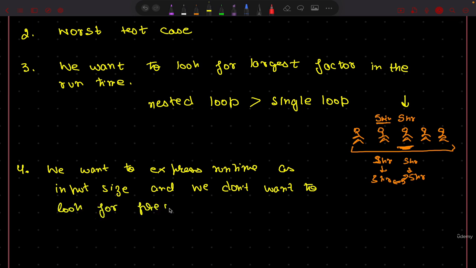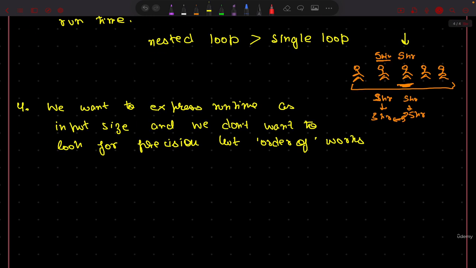What I mean by precision is, I'm not actually interested in the exact time it's going to take, rather I cannot find that, but the order of growth. So if I know that my runtime depends on the input as a quadratic, as a square, then that information is more than enough for me.